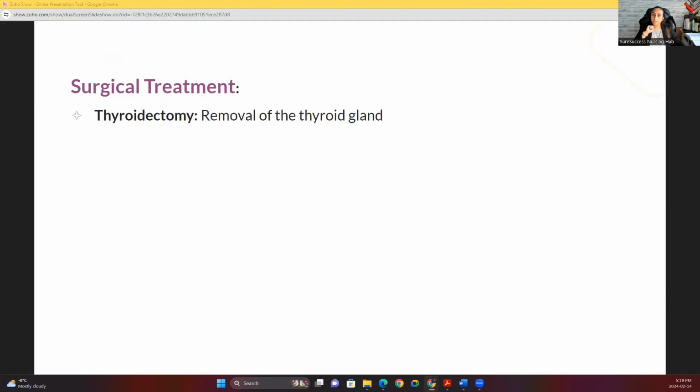Got it? Another one, I just wanted to tell you an interesting thing about the thyroid gland. It is very spongy in nature. This thyroid gland, it is very spongy. Why I'm telling you is that whenever there is any manipulation, if you touch it, not on top of the skin, for example, if the doctor is opening it and touching it and doing something, it will release a lot of thyroid into your blood.